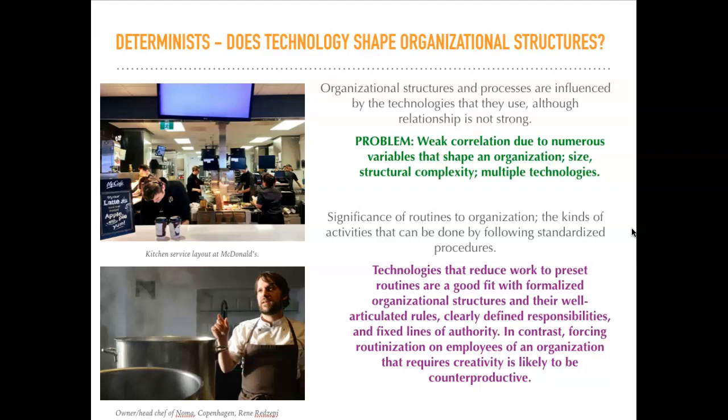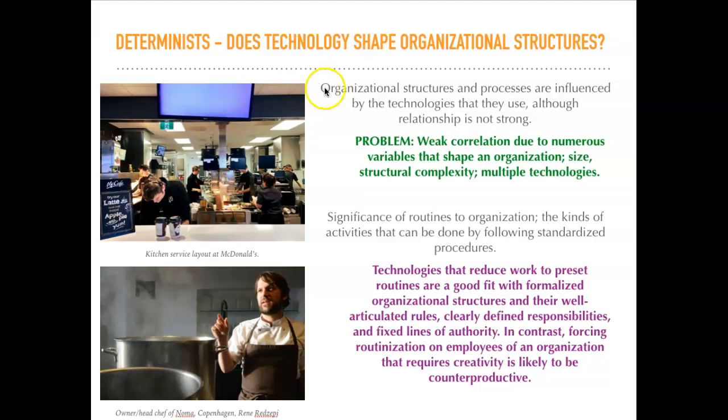So what we are doing by this little thought exercise is evoking the sensibility to see organizational structure. And if we were to give it a more formalized definition, organizational structures and processes are often influenced by technologies that they use. But there really isn't a strong relationship between the amount or type of technology and the organizational structure.